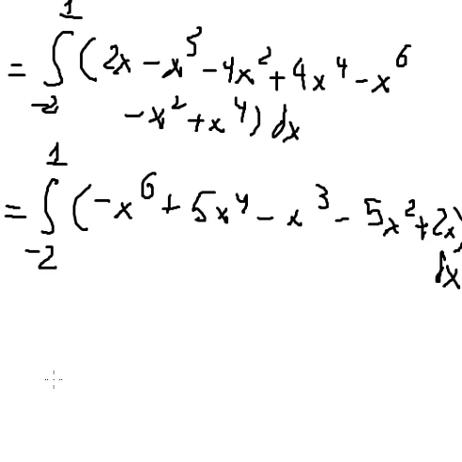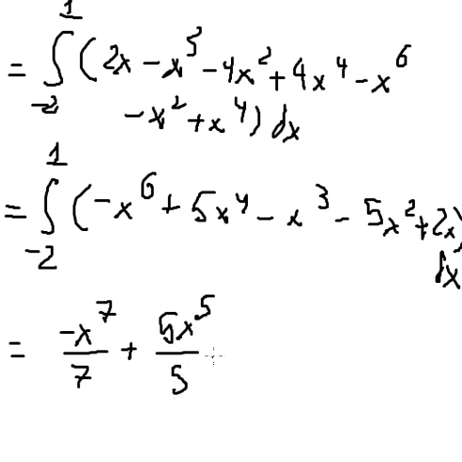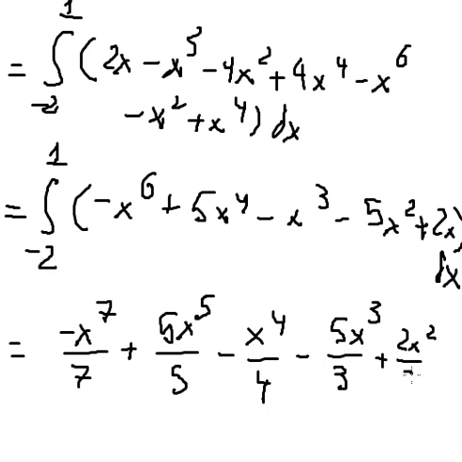The integration of this one, we have negative x to the power of 7 over 7, 5x to the power of 5 over 5, 4 over 4, 3 over 3, 2x squared over 2.